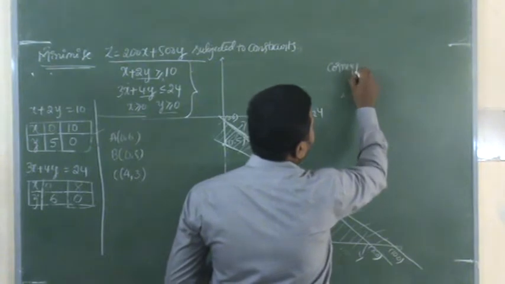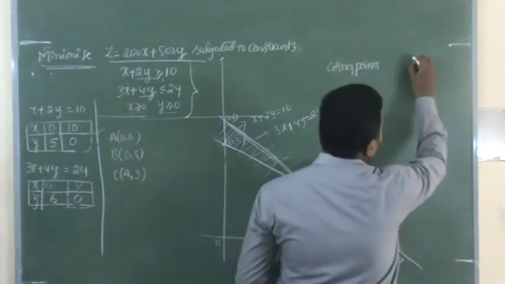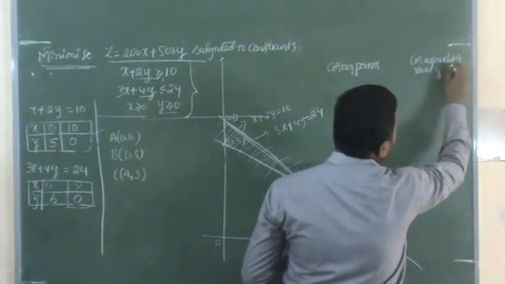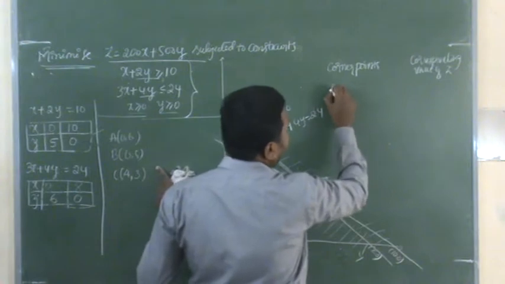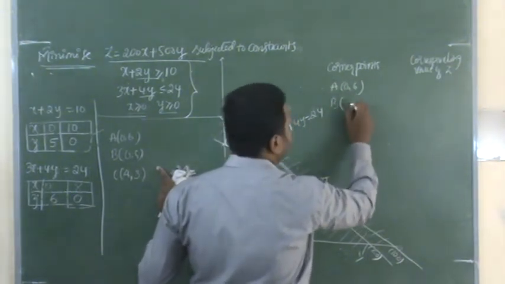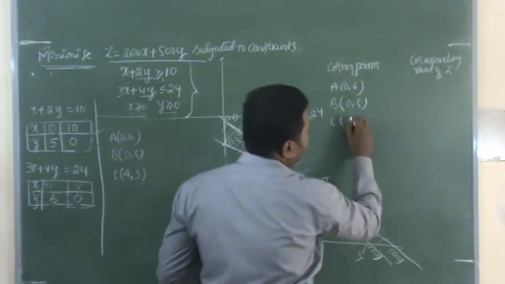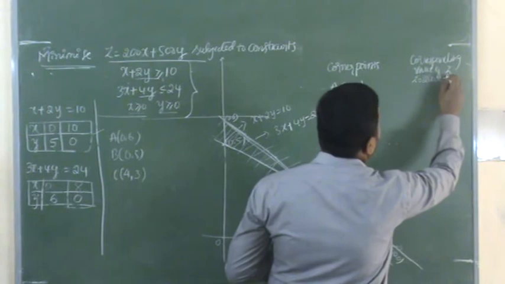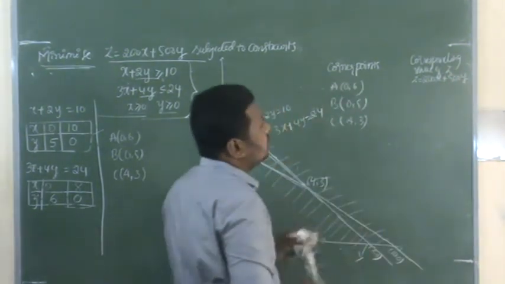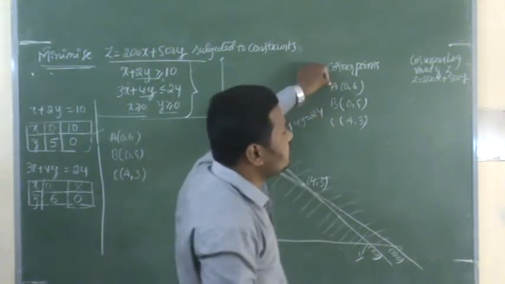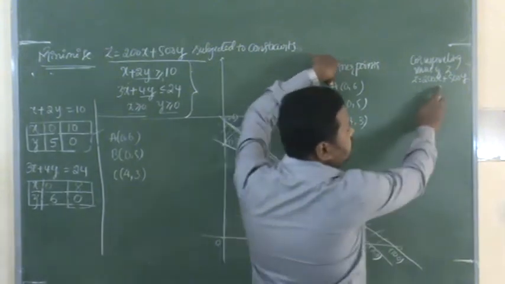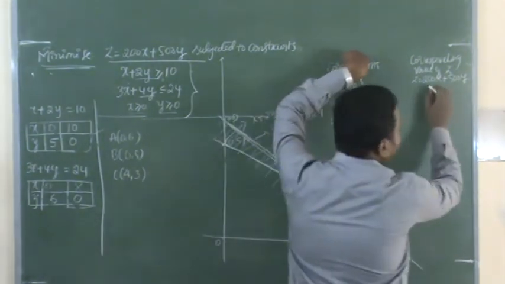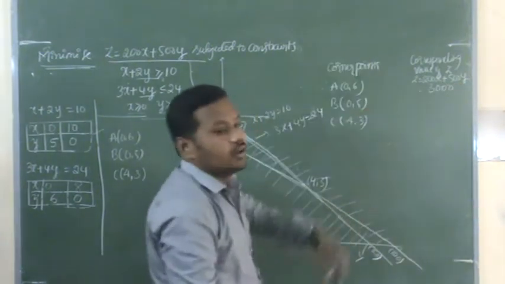Corner points and corresponding values of z: A (0, 6), B (0, 5), C (4, 3). For point A, 200 into 0 is 0, and 500 into 6 is 3000.